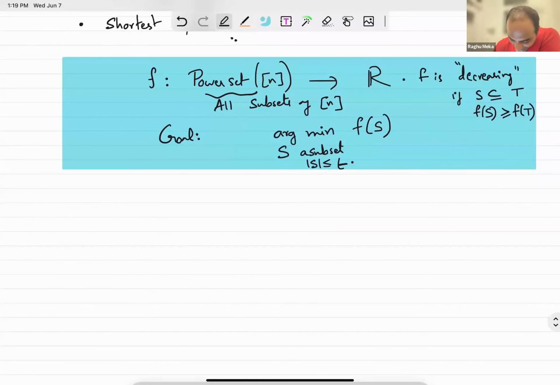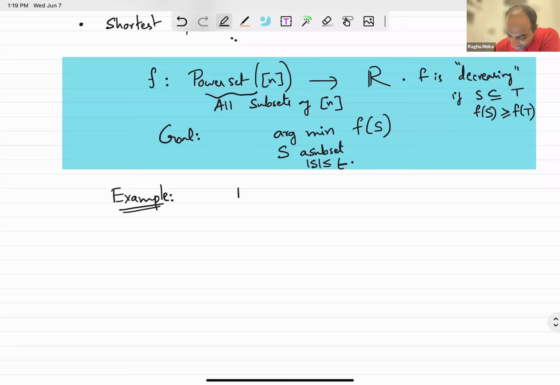And the example that is relevant for us is the following. Recall in the greedy prune algorithm, what were we doing? We were looking at the conditional variance function.